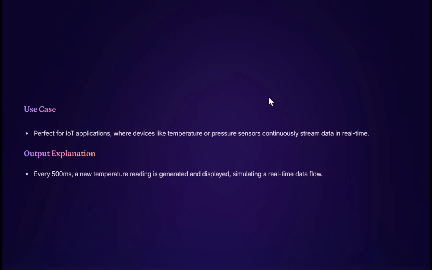Next, we can use this feature to simulate sensor data, like temperature, which is perfect for IoT applications, the Internet of Things, where devices like temperature or pressure sensors continuously stream data in real time. For example, every 500 milliseconds a new temperature reading is generated and displayed. So let's have an example.